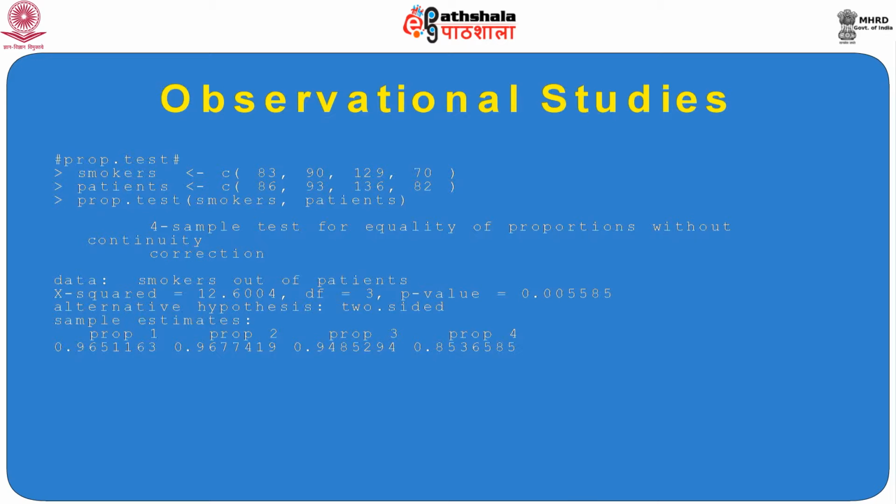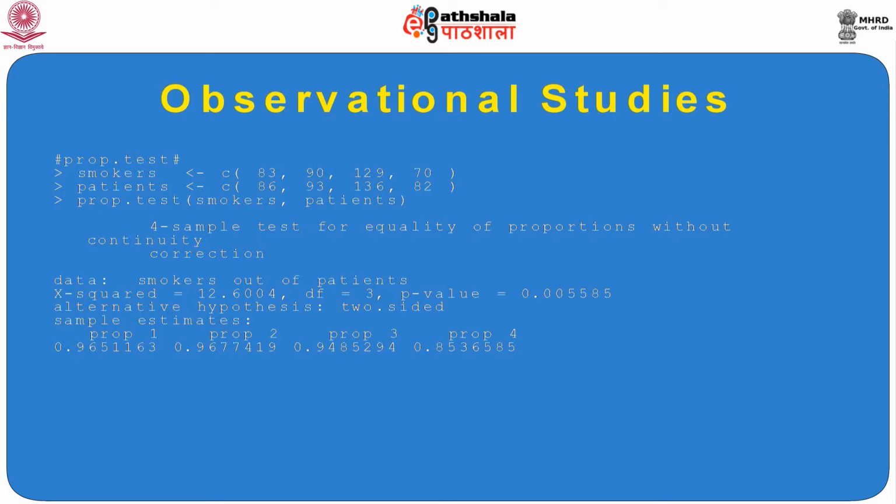To perform that hypothesis, we used prop.test with smoker, patients. As a result, we are getting a 4-sample test for equality of proportions without continuity correction, and the proportions significantly differ. The p-value is 0.005585 with chi-square value 12.60 and degrees of freedom 3.